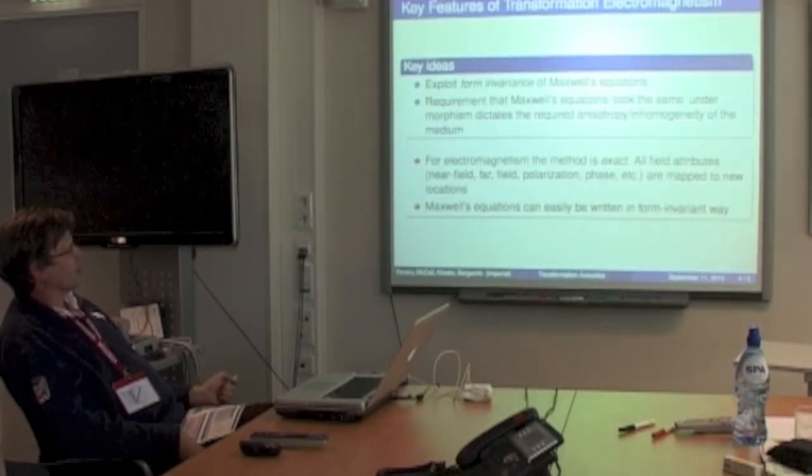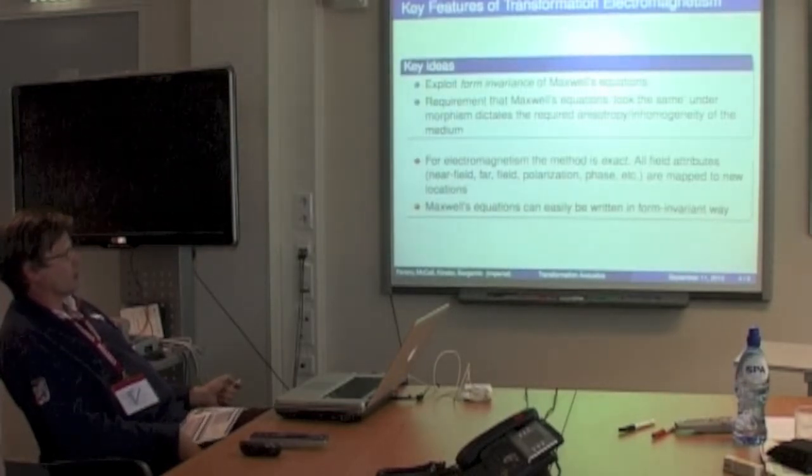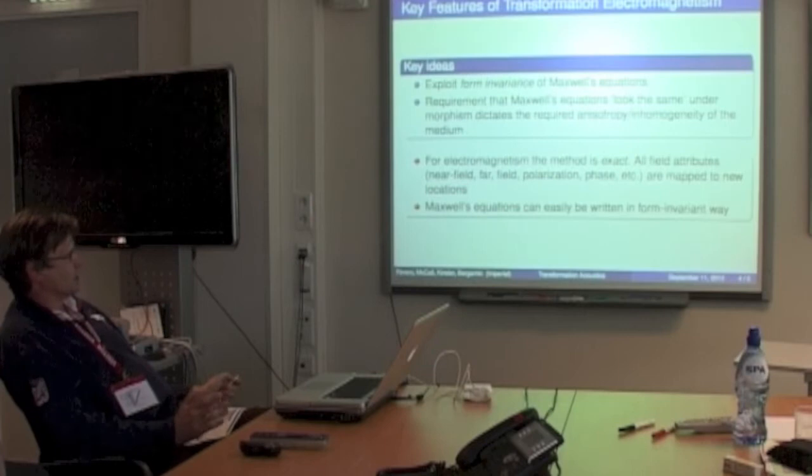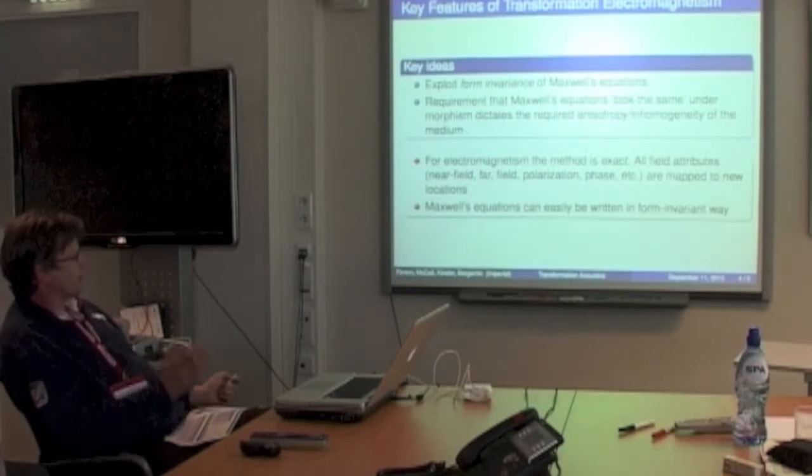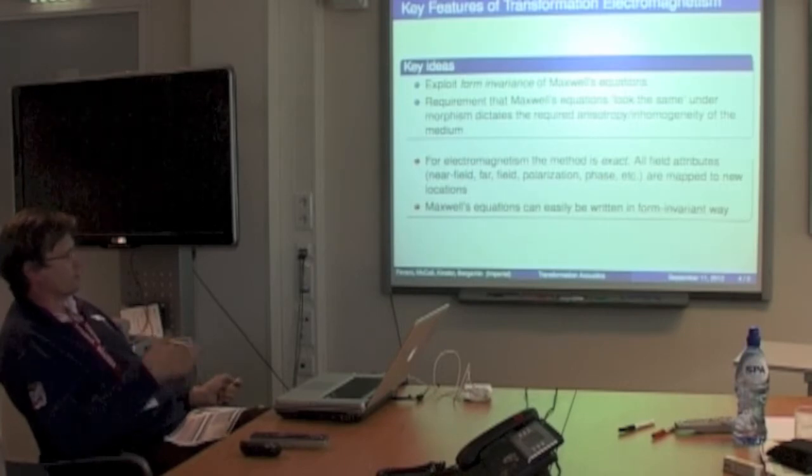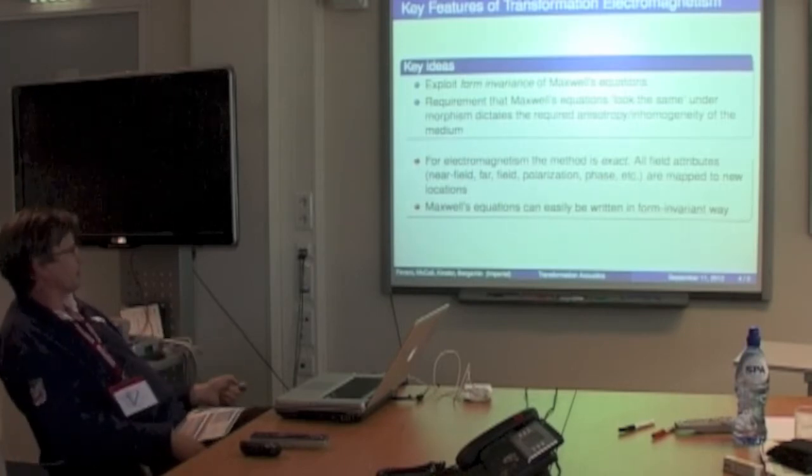This morphism dictates the required anisotropy and inhomogeneity of the medium, and it has already been emphasized that for electromagnetism the method is exact. So that means that field attributes such as near field, far field, polarization, etc., are all inherited in the transformational scheme that map to new locations. And underlying this is the form invariance of Maxwell's equations.